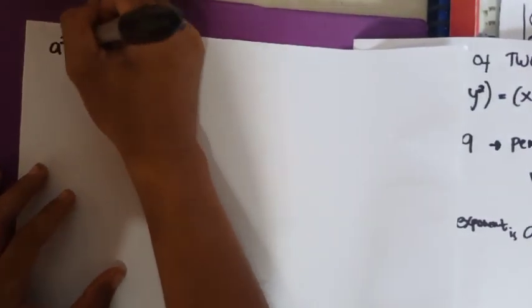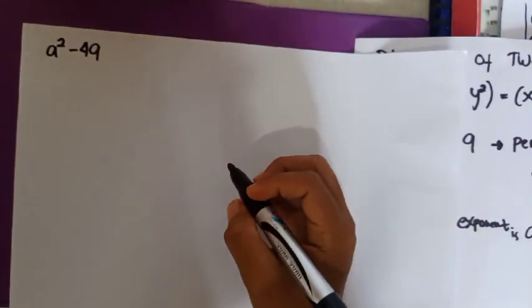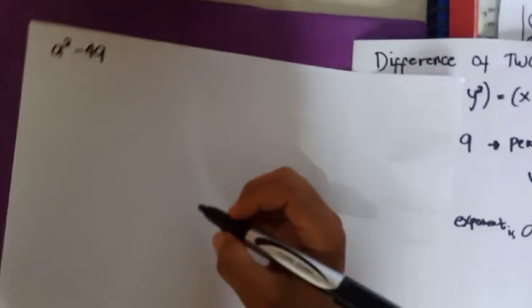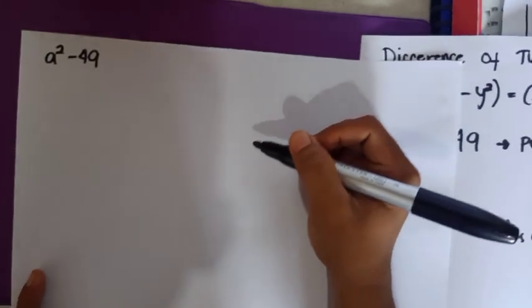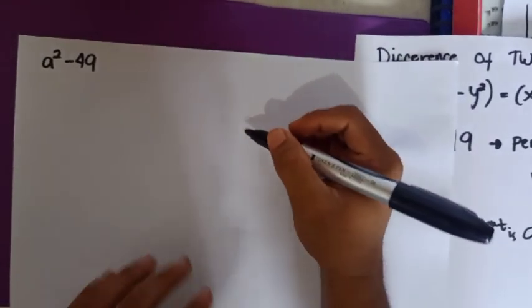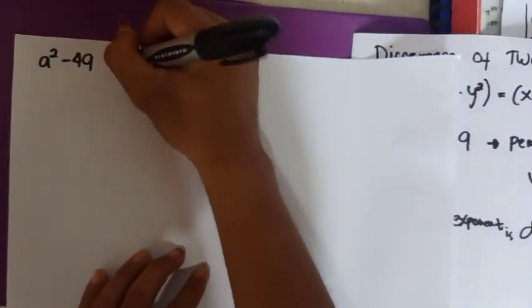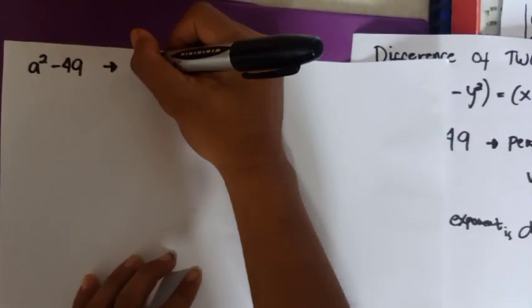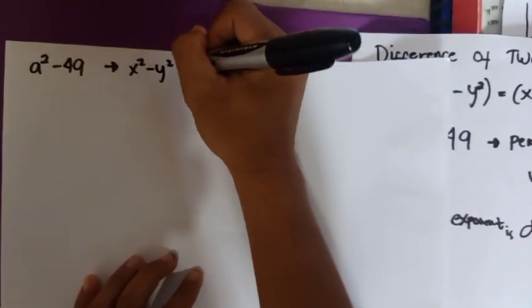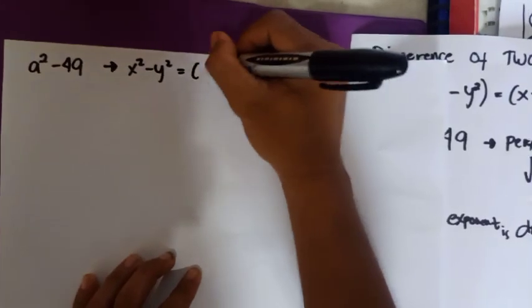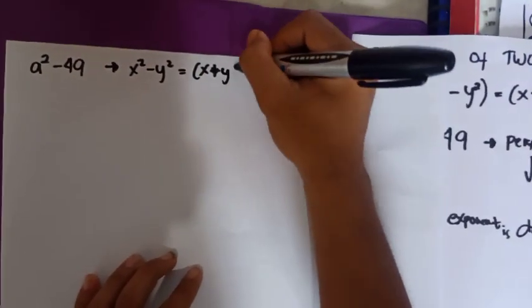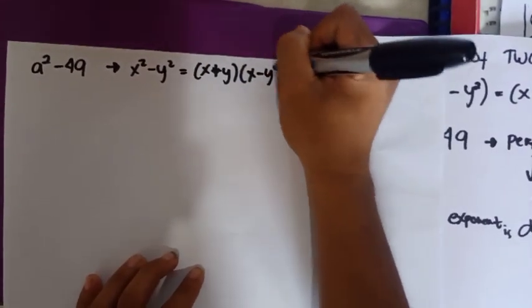A squared minus 49. Since nalaman na natin that they are all perfect squares, the step now is to copy the formula first. x squared minus y squared is equal to x plus y times x minus y.